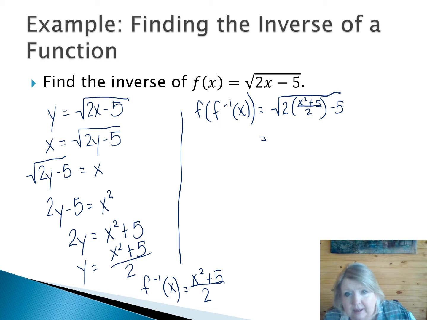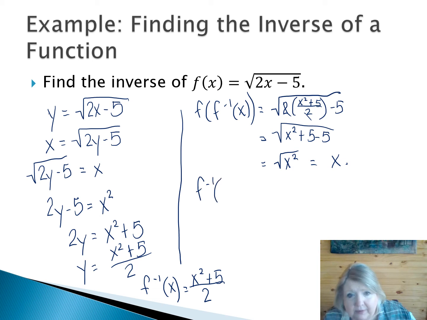The 2's cancel, leaving the square root of x squared plus 5 minus 5, which leaves me with the square root of x squared, which is that x I was looking for. So I am halfway there.